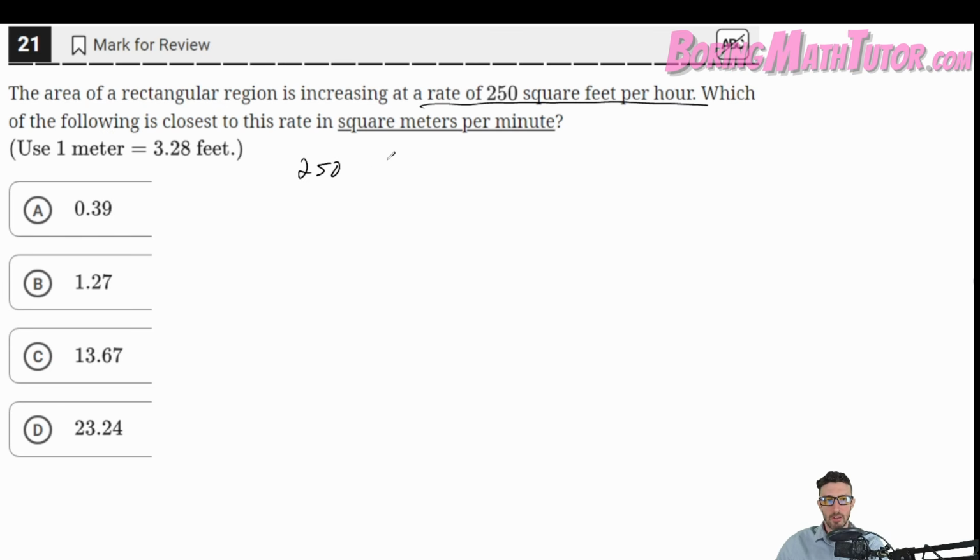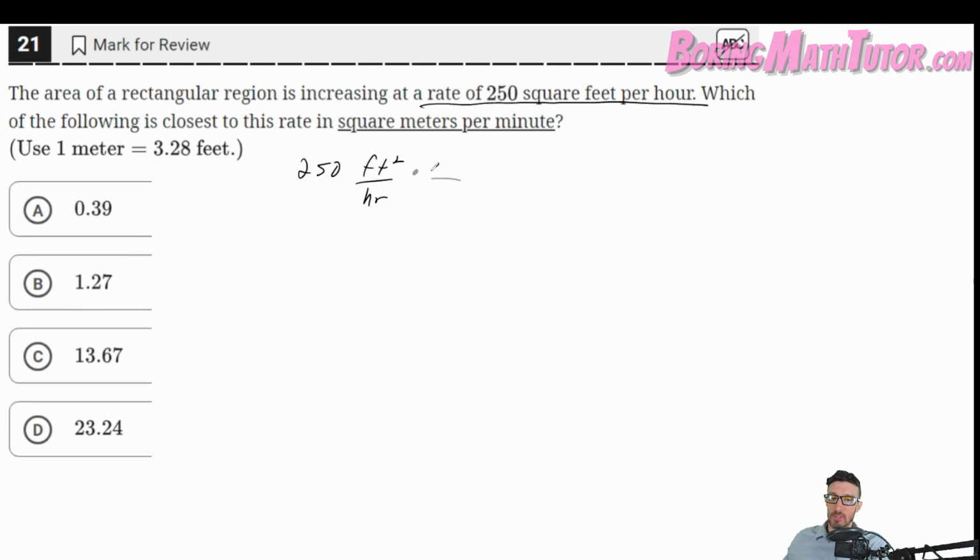This one just wants us to convert units. It's taking a rate of 250 square feet per hour, and it wants us to change it not to square feet, but to square meters, and not to per hour, but per minute. So what we're going to do is multiply this by the right fractions.